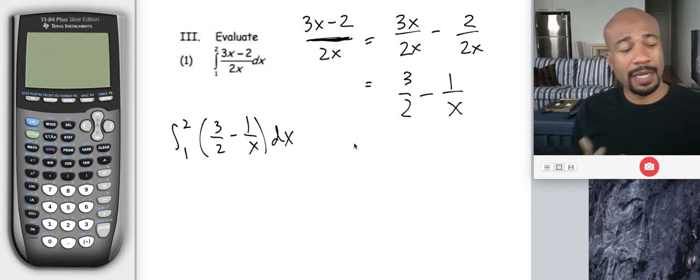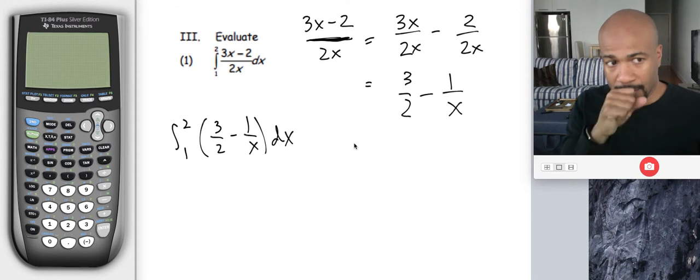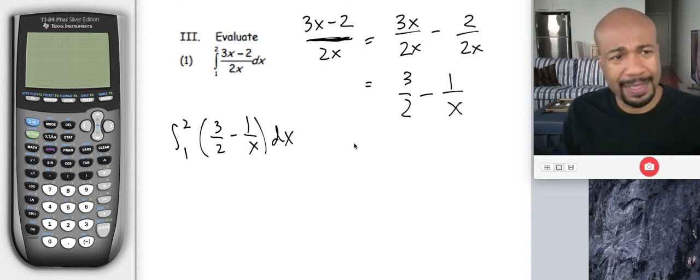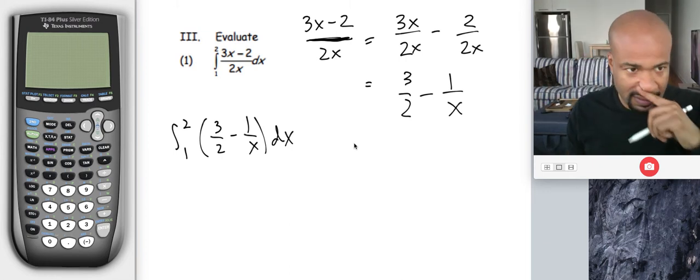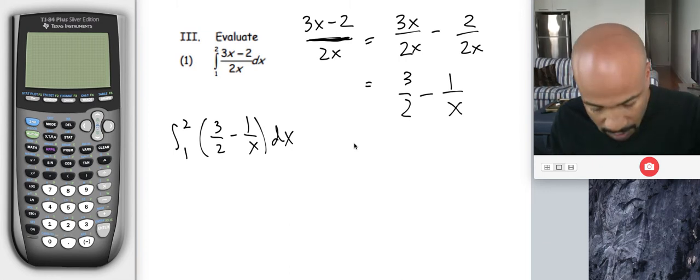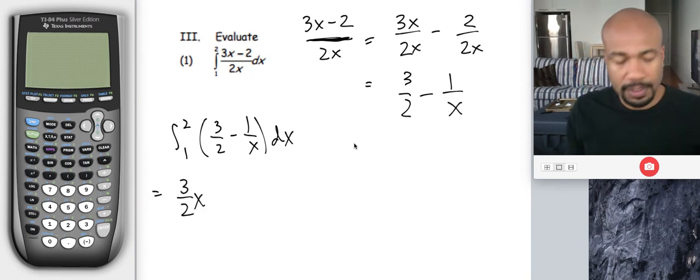You can do it two ways. You can break it up, but I prefer to do the integration all as one, because it makes the computation easier for me. So I have 3 halves x, because the antiderivative of 3 halves is 3 halves x.